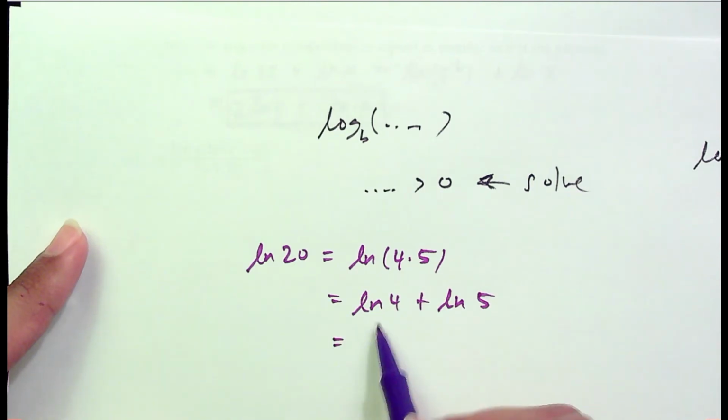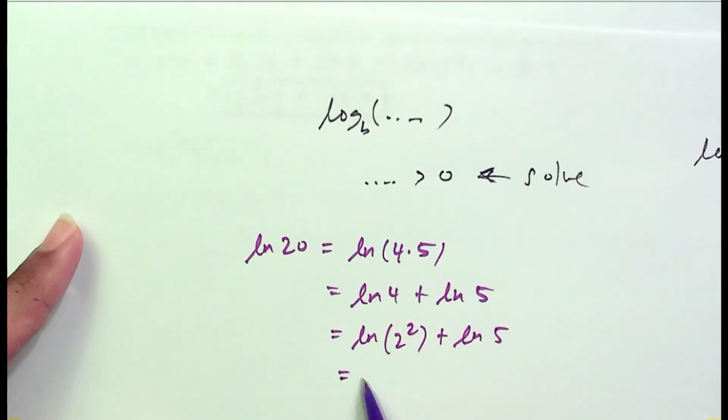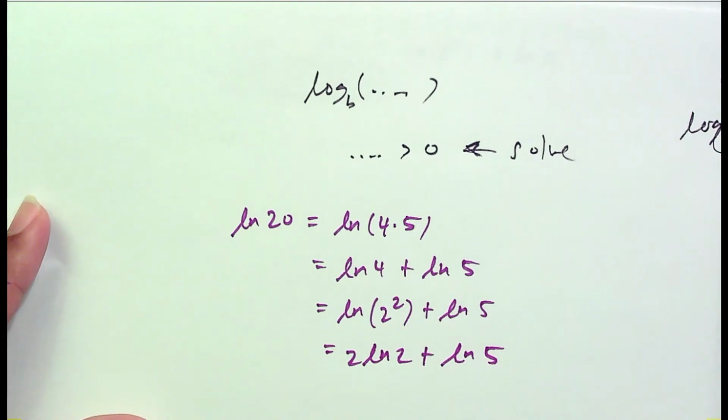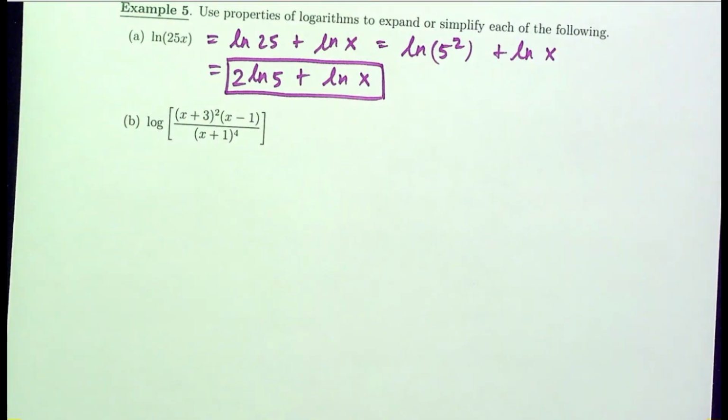And then you could leave it like that, or now the 4 is a perfect square, and then this is 2 ln of 2 plus ln of 5. Okay, so just keep practicing those properties.